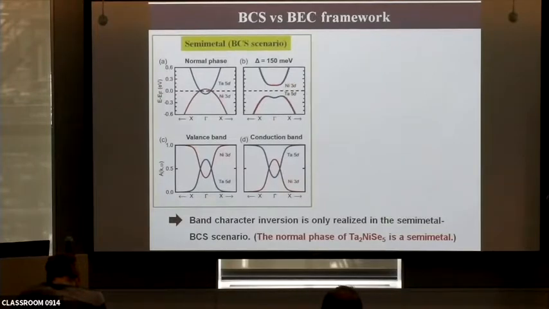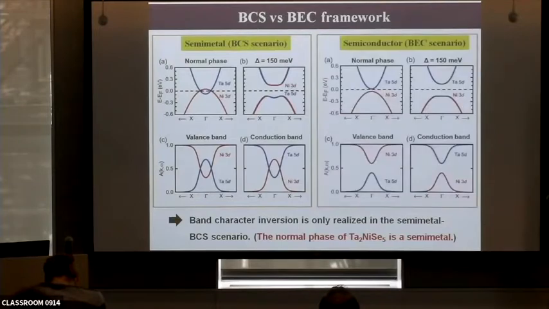So far we considered the normal phase as semi-metallic. But what happens if we consider a semiconducting normal phase? This is the case for the semiconducting normal phase. Here the normal phase shows a small gap near the gamma point.